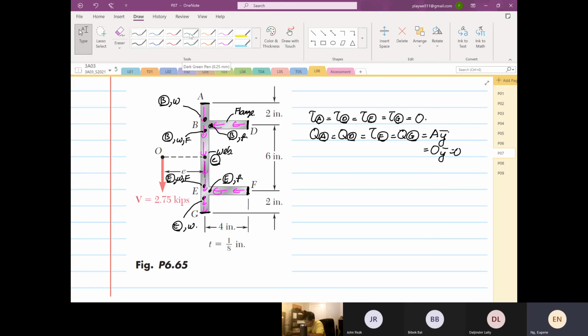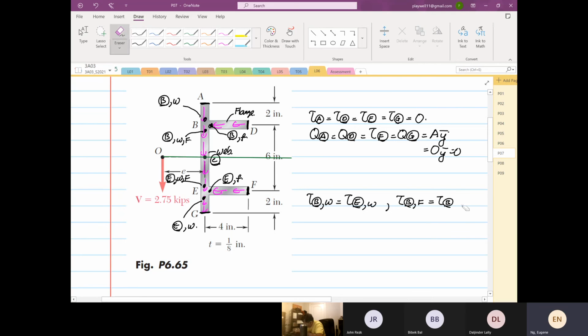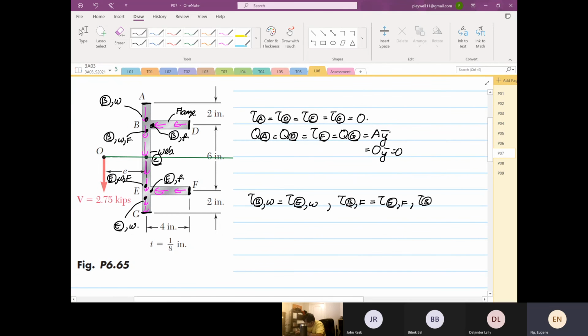But because of rule number 4, where the first moment of area cannot cross the centroid, we can conclude that the shear at point B with web is equal to the shear at point E of the web, and that the shear at point B at the flange is equal to the shear at point E of the flange, and the shear at point B for both the flange and web is equal to shear at point E for the flange and web.